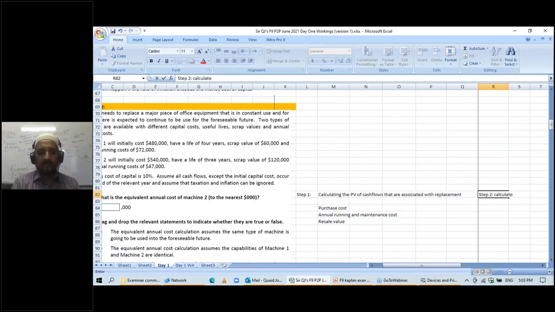The formula for the equivalent annual cost is: EAC is equal to the present value which has been calculated in step 1, divided by the annuity fraction.